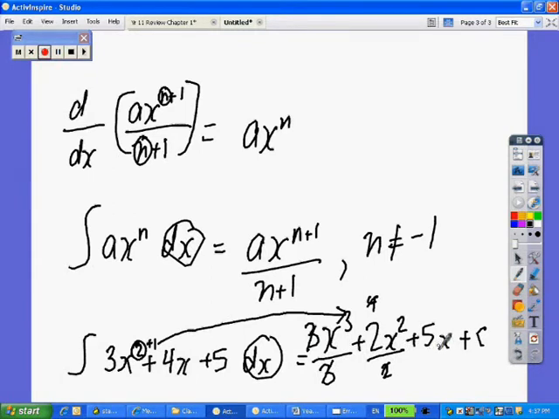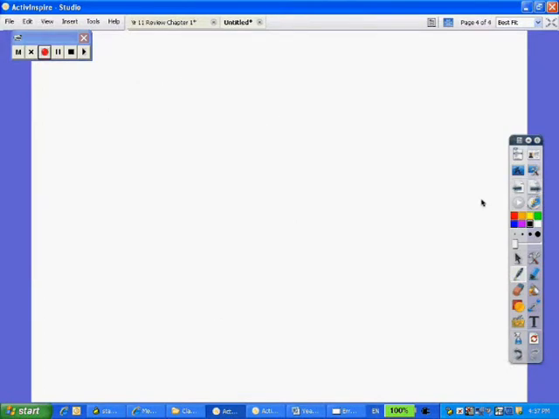The 5 is just a constant in this case, so we don't have an a per se here, so all we do is put on that x, plus c. So in the end, the antiderivative of this whole function is x cubed plus 2x squared plus 5x plus c. Don't forget the plus c.